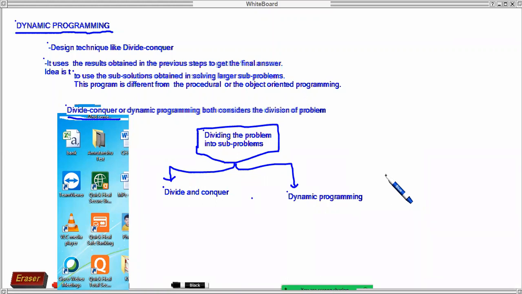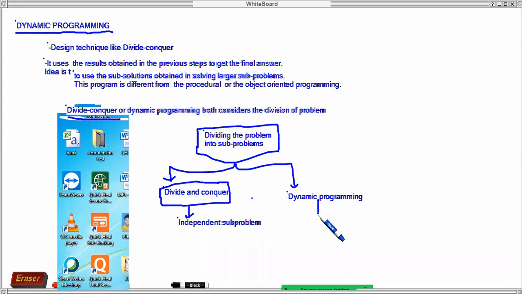The division happens, but in the case of divide and conquer, all are independent subproblems.